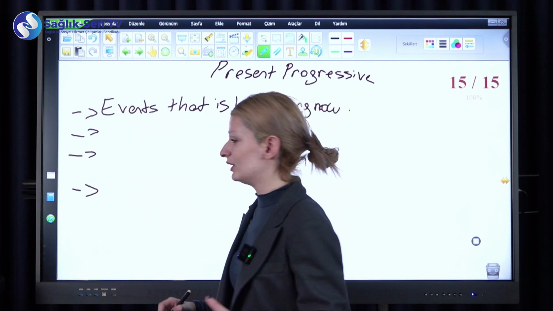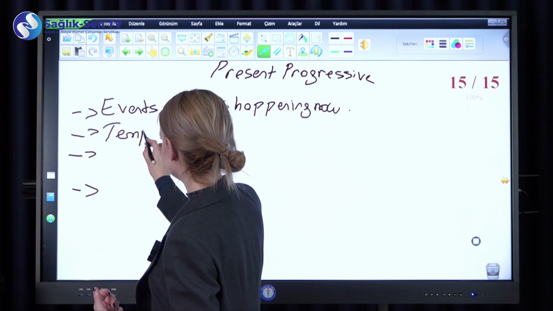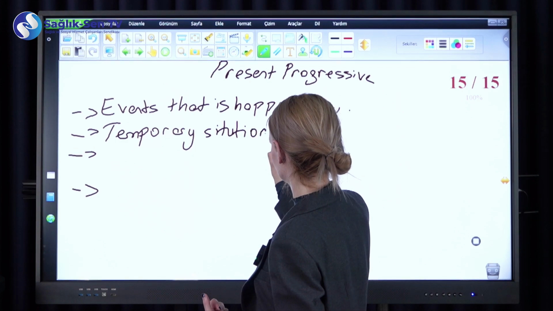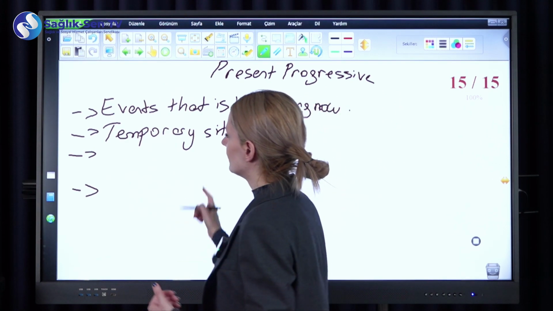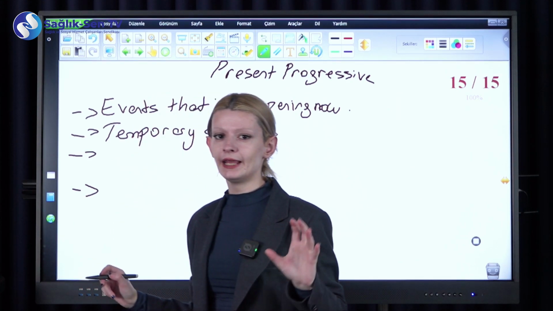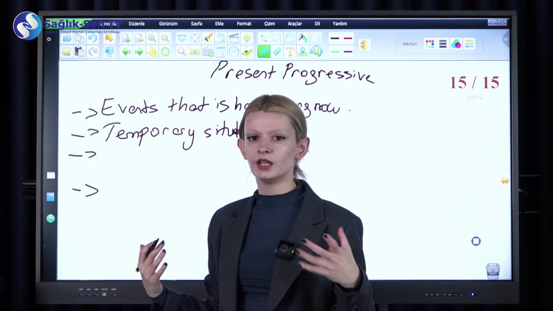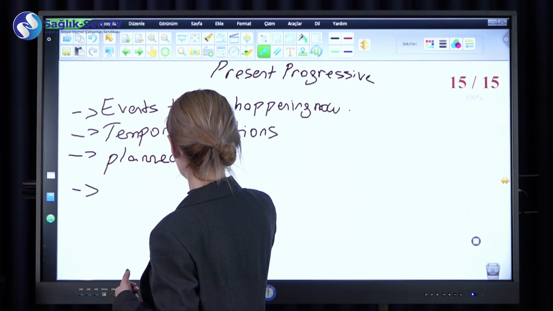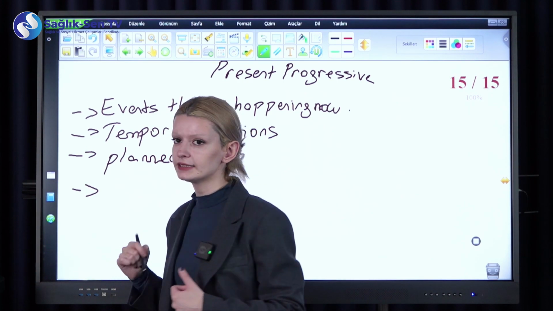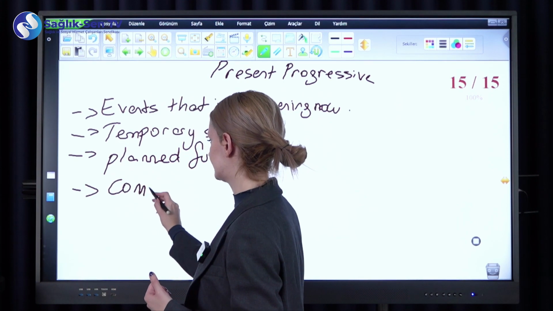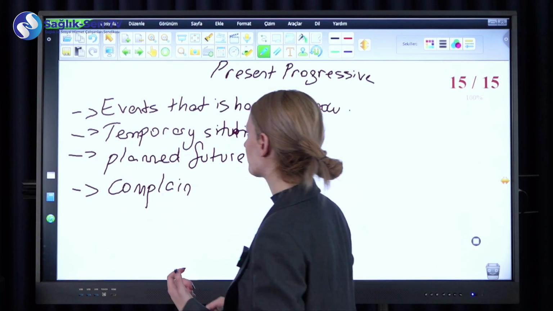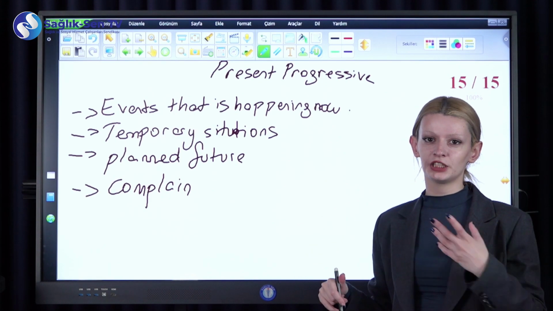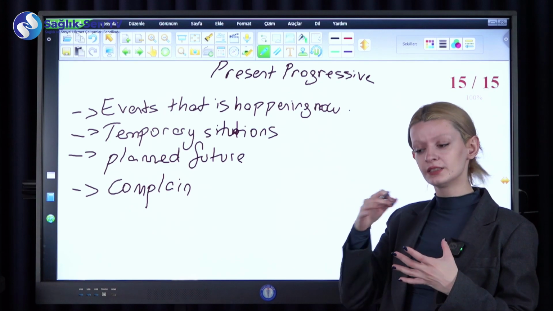Second one is when we're talking about temporary situations. Third is when we are planning something for the close future. And the last one is complaints. These are the 4 areas that we use present progressive, continuous. Progressive and continuous mean the same thing.